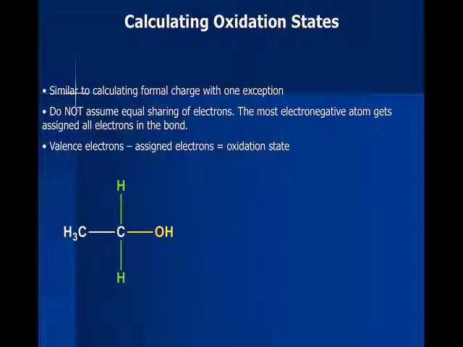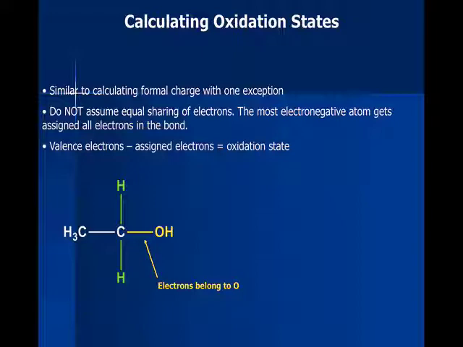Very similar to how we did formal charge. Remember, we came in with the number of valence electrons from the periodic table, and we subtracted the number formally owned. The difference here is you come in with the valence electrons from the periodic table, and you subtract the assigned electrons.